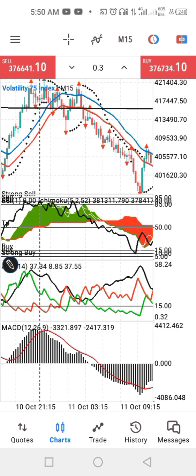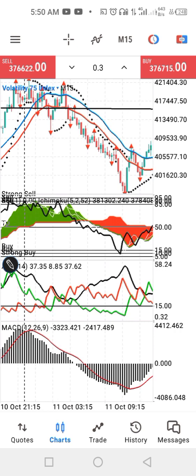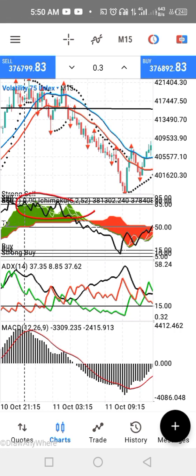Now take a look here. Can you see? It touches the 90-95 level in the indicator, and we wait patiently for there to be a close. Can you see that? There's a close below the moving average. We head over to our ADX.